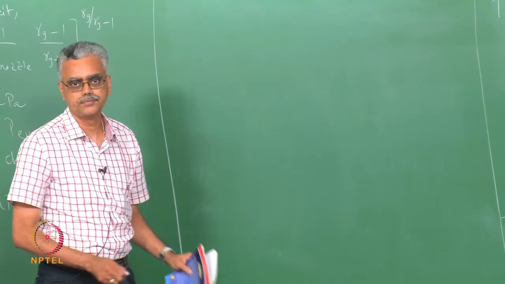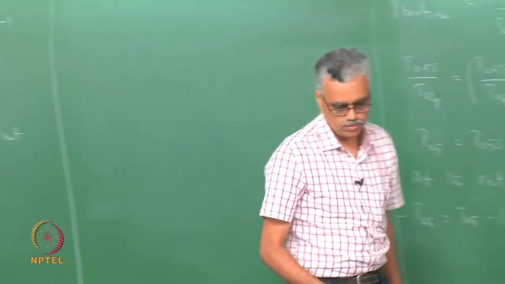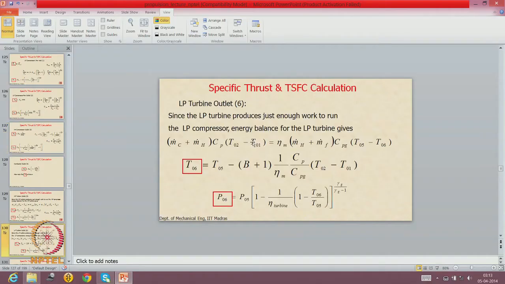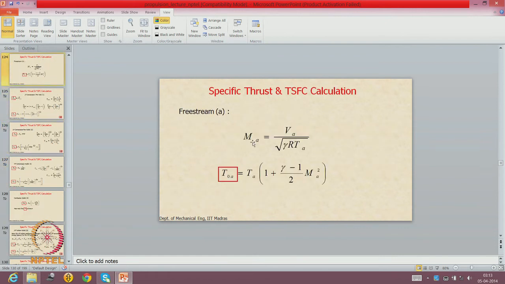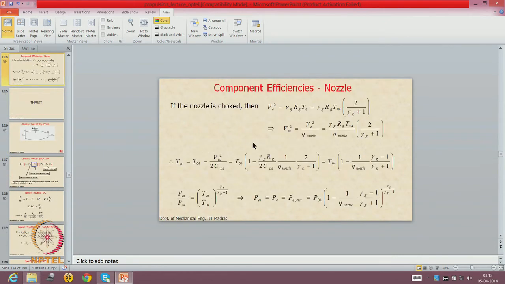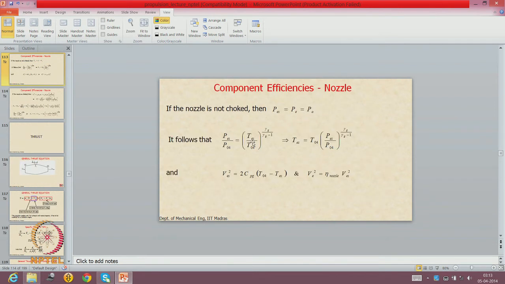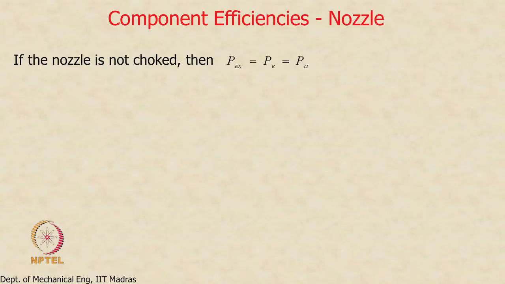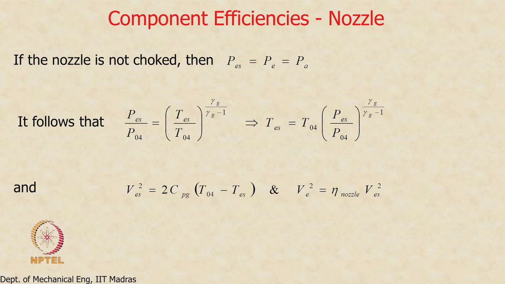All right. So, what do we do next? As you can see from here, the hot nozzle is not choked, so PES is equal to PE, equal to ambient pressure. Once I have PES, I can calculate TES from this expression.